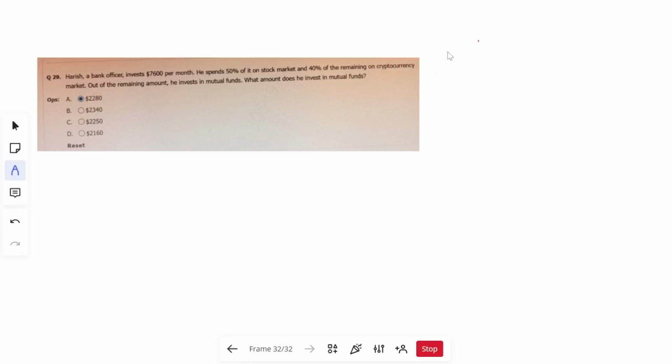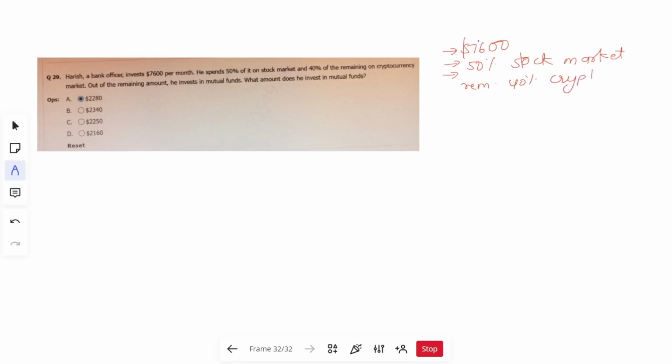So guys, let's understand how we can solve this problem. Basically, Harish is investing in 3 things. First is he's investing $7,600 per month. That is the first investment that he is making, and then he is spending 50% of it on the stock market, and then 40% of the remaining he is spending on cryptocurrency.